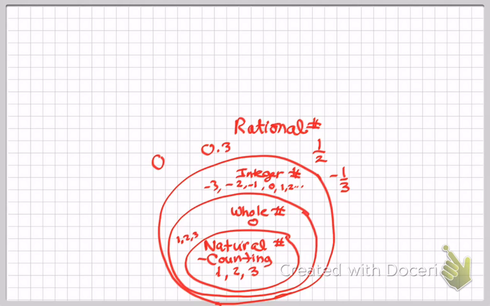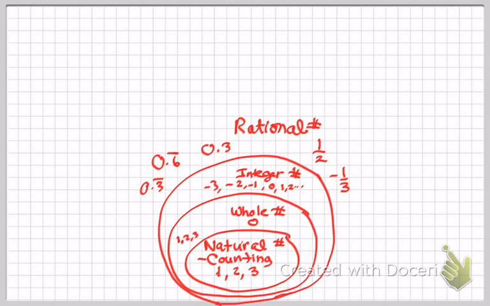Can we write 0.6 repeated as a fraction? Or 0.3 repeated? So what is the fraction for 0.6 repeated?